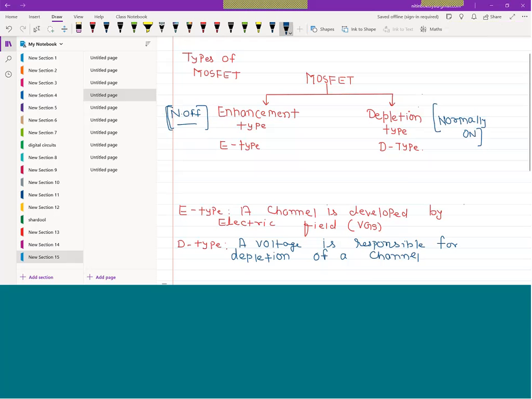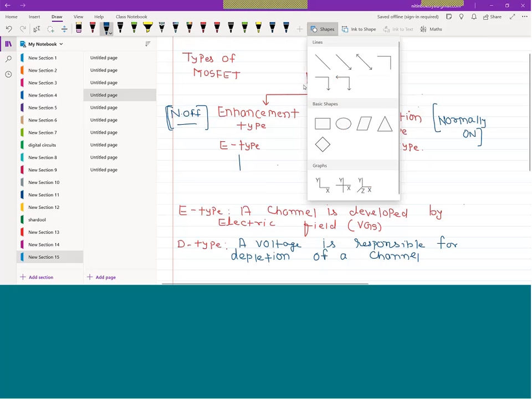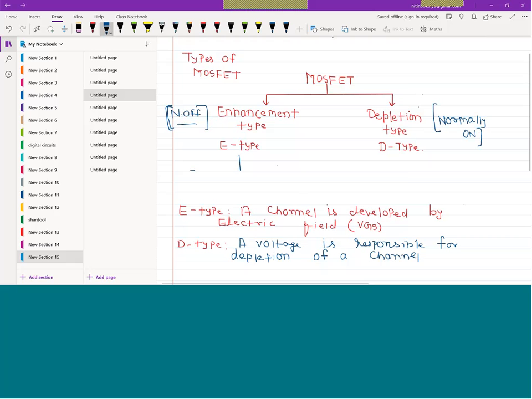Further, you can classify enhancement type MOSFET into two categories: N-channel MOSFET and P-channel MOSFET, popularly known as NMOS and PMOS.